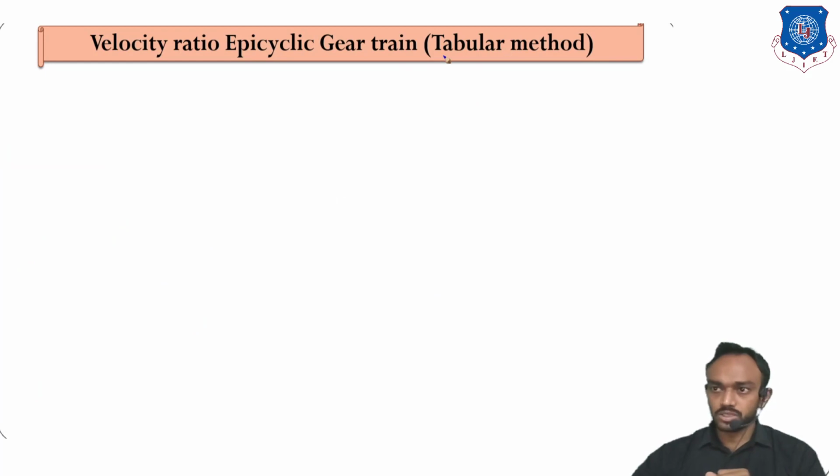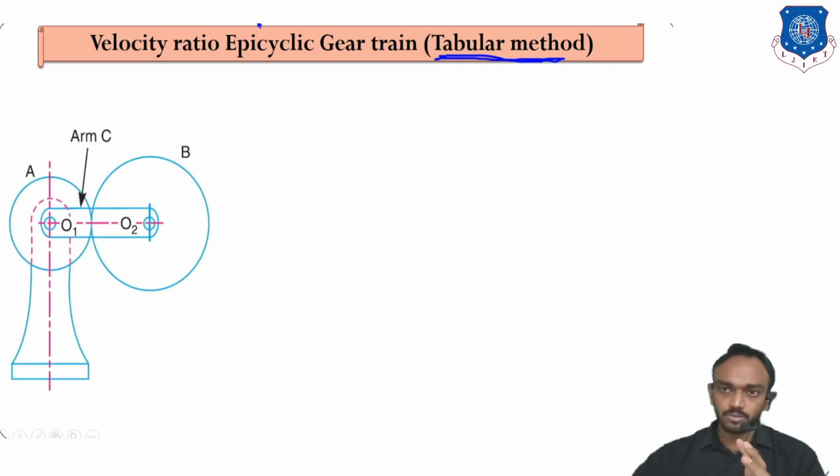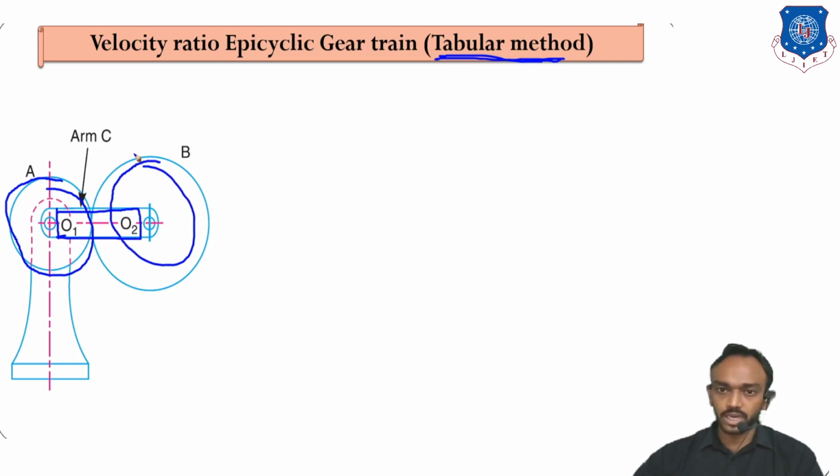This tabular method is based on one table. Any type of system can be asked, but as an example for learning this method we take this simple system in which gear A is at the center, the arm is here, and gear B is rotating around it.